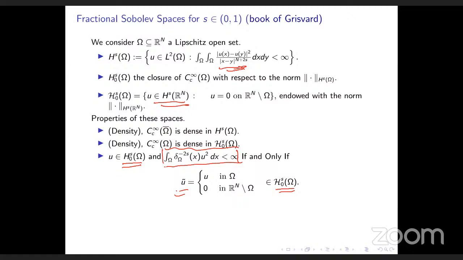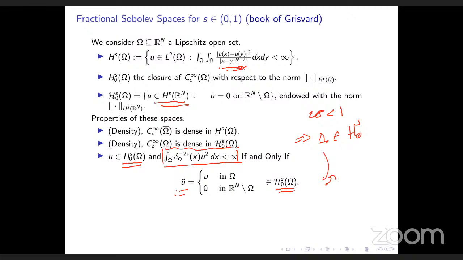So if 2s is smaller than 1, then the constant function 1 belongs to H^s_0.